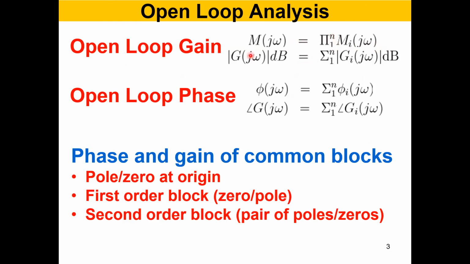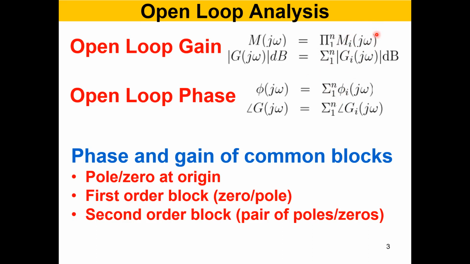So when you write down the gain, we usually write it in decibels, dB, right? The dB conversion I'll show you in a little while. So what you do is you get the dB of the individual gains, M_i(j omega), right? You can add the gains in dB. When you convert into dB, you have a series of blocks.